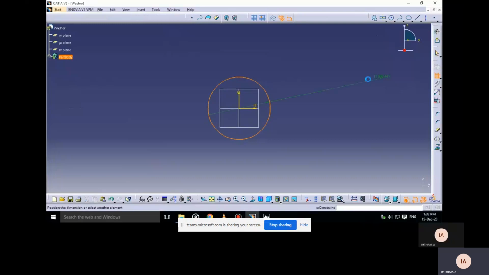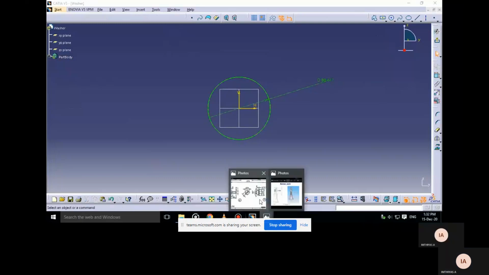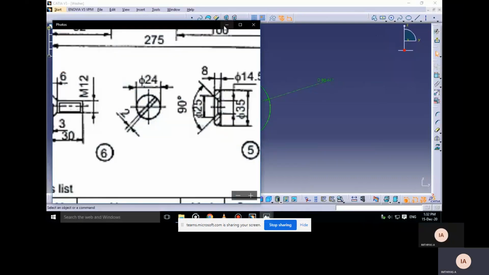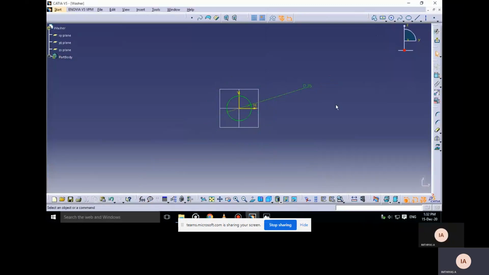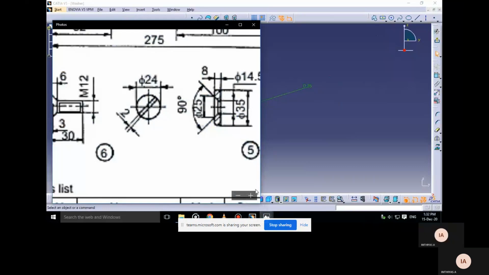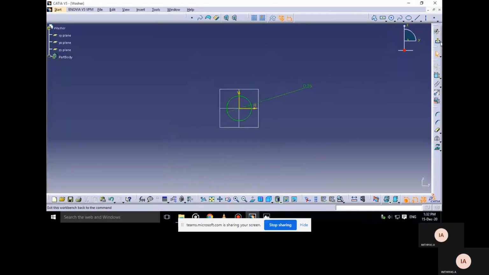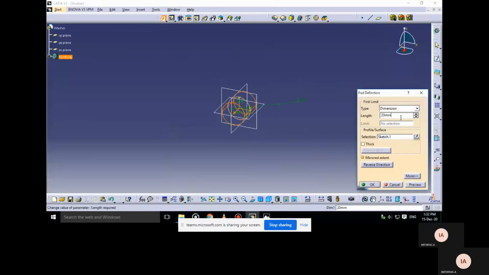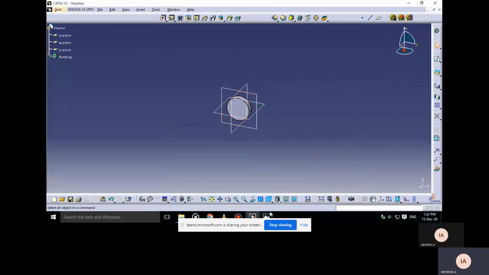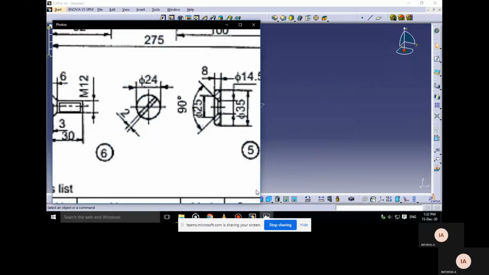We will use two circles. Dia 35. Using the pad definition, we made a dia 35 disc.